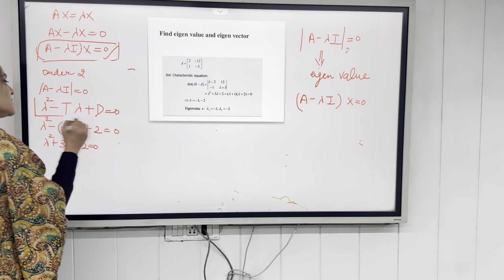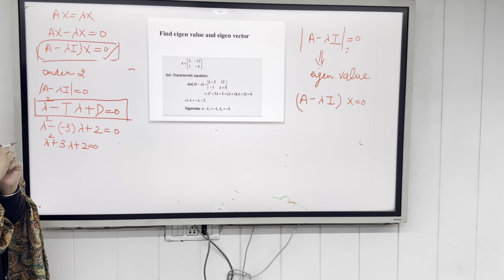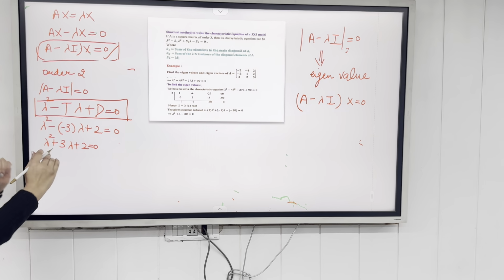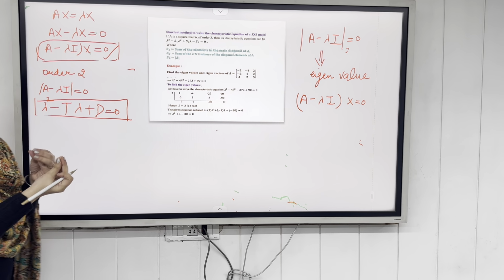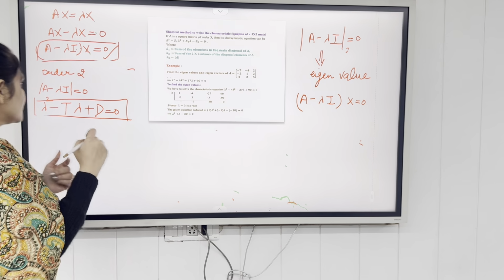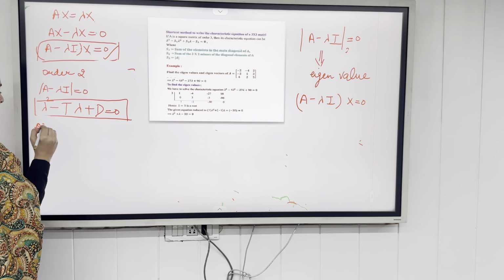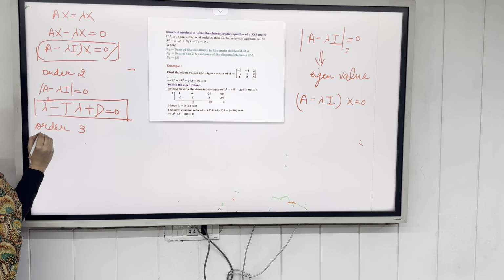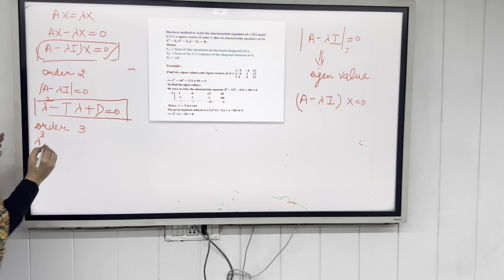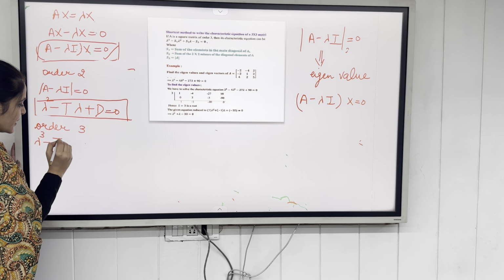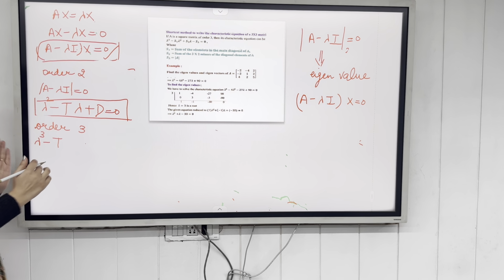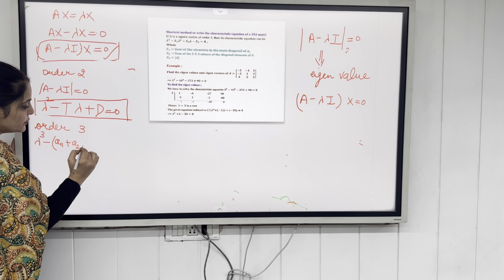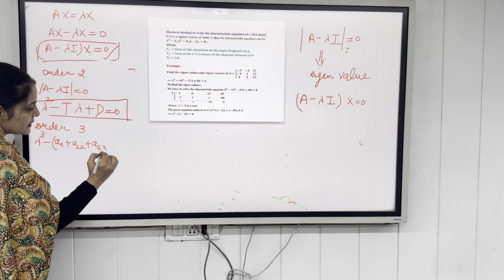You have to learn this trick once you are having a matrix of order 2. And if the matrix is of order 3, that means we are having a cubic equation here. So the characteristic equation will become lambda cube minus the trace of the matrix, that is the sum of the diagonal elements, A11 plus A22 plus A33, times lambda square.